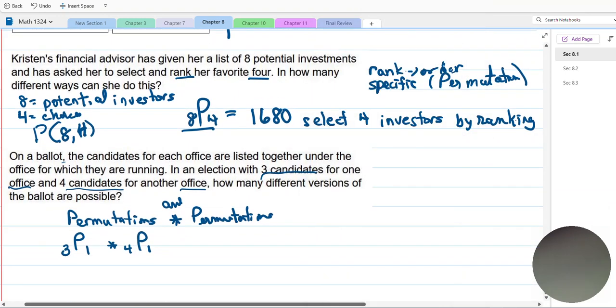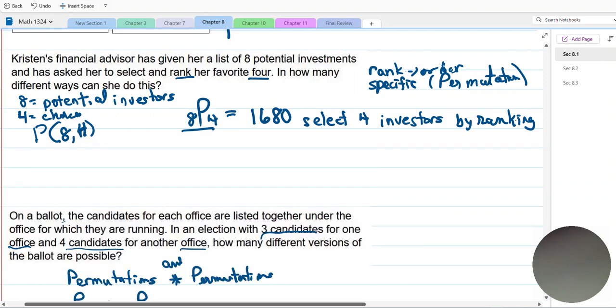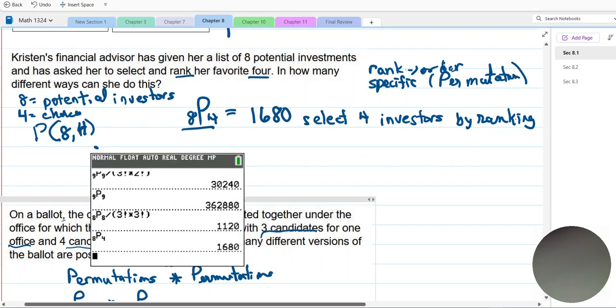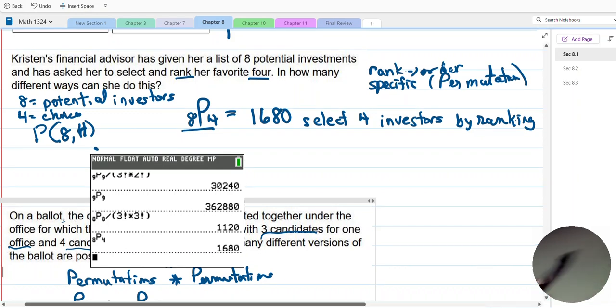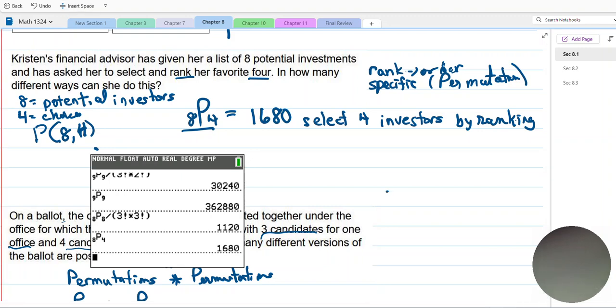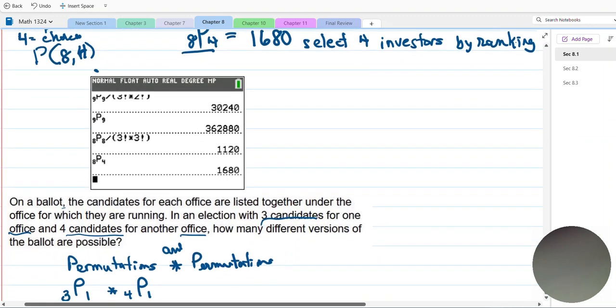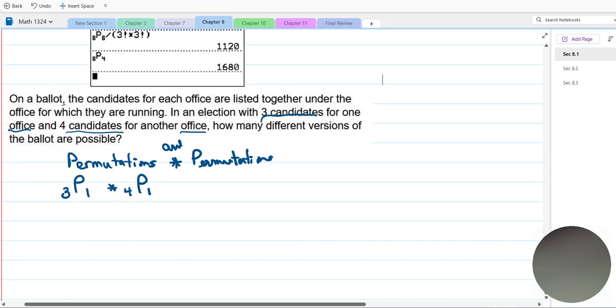Just give me a second. But you all can see the calculator stuff on my notes. There we go. And I'm going to do that on my calculator.